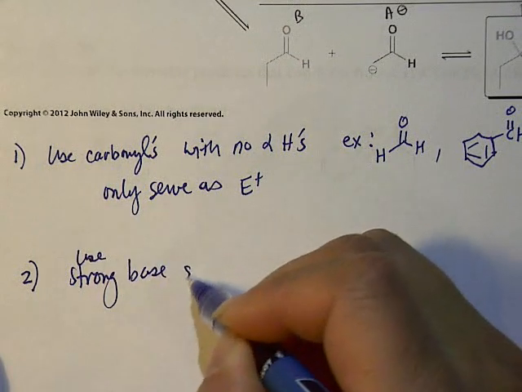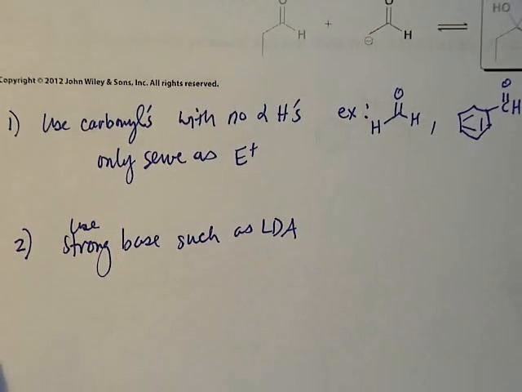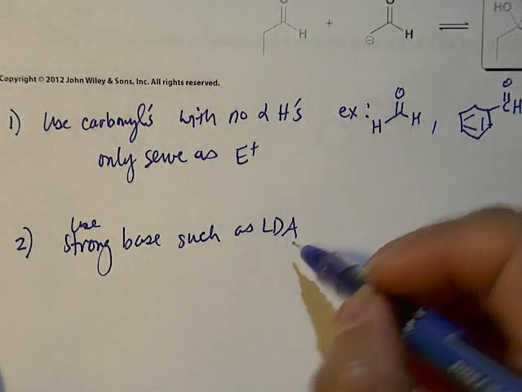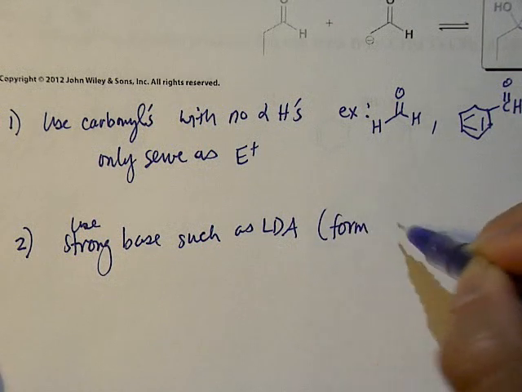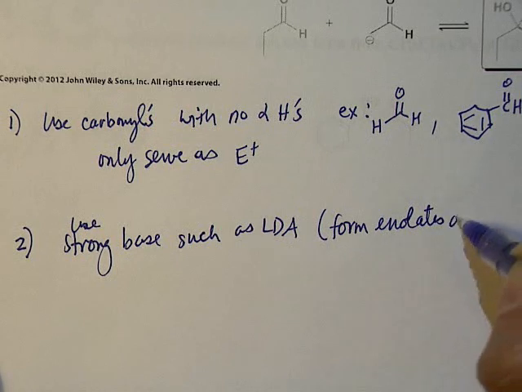Second is to use a strong base, such as LDA, because remember back when we talked about strong base versus weak base, when you use such a strong base, you form quantitative enolates only.